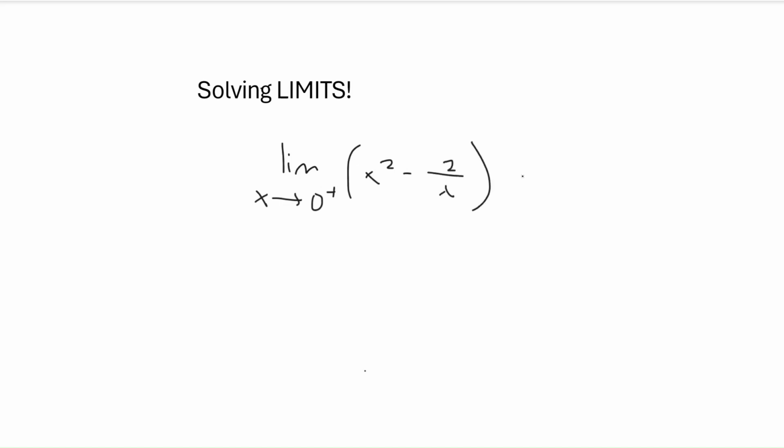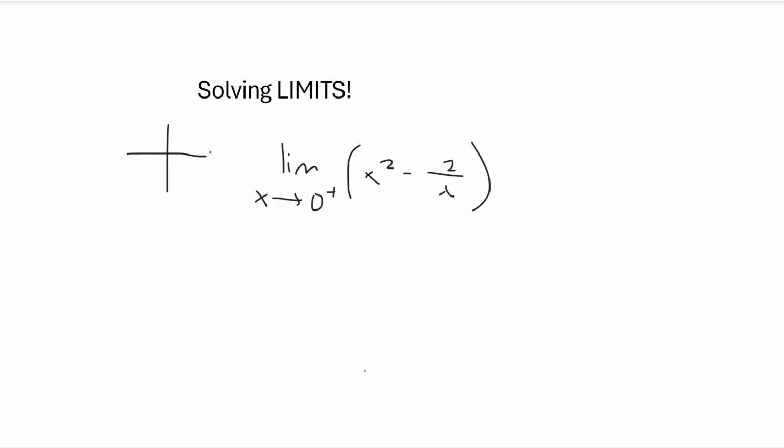But what would we do here? Well, we can't plug it in, not yet, because obviously if we put a 0 here, it'll be undefined. So instead what we want to do is we want to break this up. So before we break it up though, let's try to help with the part that is hard to understand. So it's this 2 over x that's ruining everything.